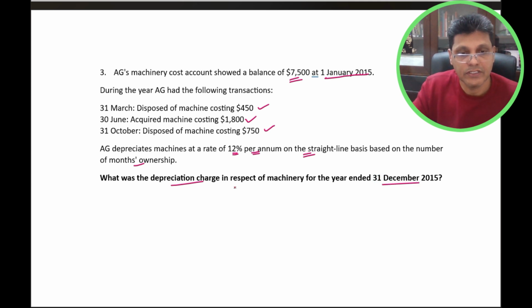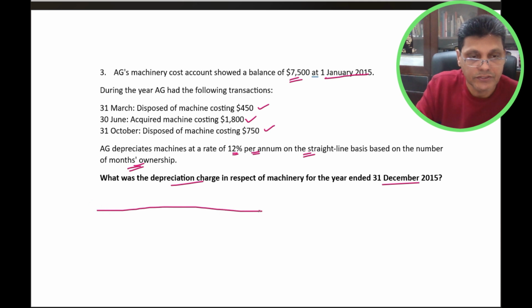Okay, now they charge depreciation based on the number of months of ownership. So therefore if you take the opening balance 7,500, if you take the machinery account, there was an opening balance 1st January 2015 7,500.